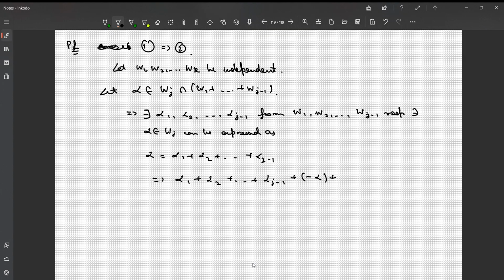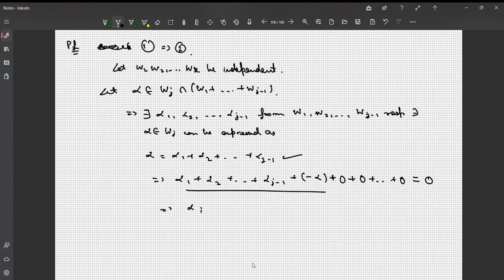Now what we can do is just sum over zeros, choosing 0 as elements from each of the other subspaces. So we can choose 0 from Wj plus 1, 0 from Wj plus 2 and so on till Wk. And this will obviously imply 0, right? Because this part implies 0 from here. But since every W1 to Wk are independent, each of these alpha i's must be 0.